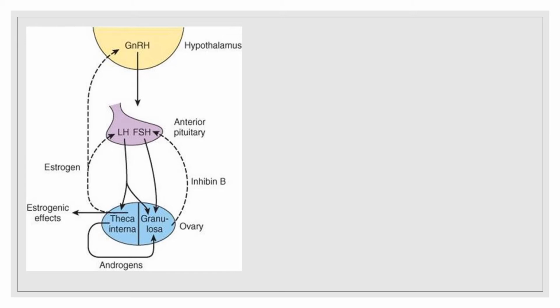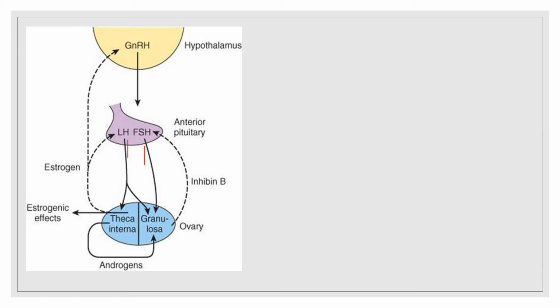This is the hypothalamo-pituitary gonadal axis in the female. We know that GnRH stimulates the anterior pituitary to release LH and FSH, and FSH stimulates the granulosa cells to release estrogen. LH helps in the synthesis of estrogen.